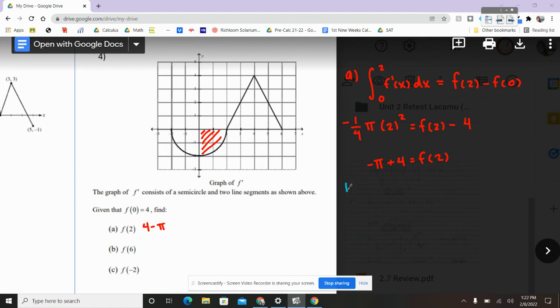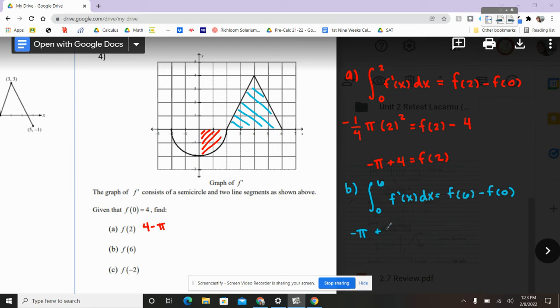All right, now for b, this time we're going to go from 0 to 6 because the 0 has to be included since we know it. And this one will equal f of 6 minus f of 0. So my area from 0 all the way up to 6, we're going to add this triangle this time. So we already know that negative pi. My base of this triangle is 1, 2, 3, 4.